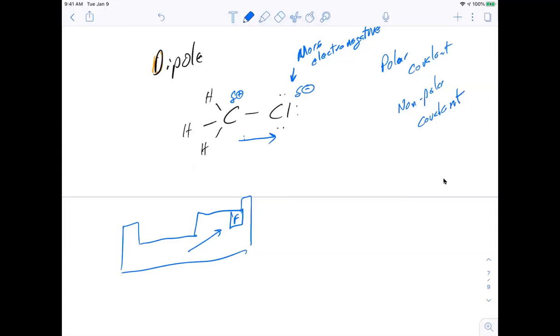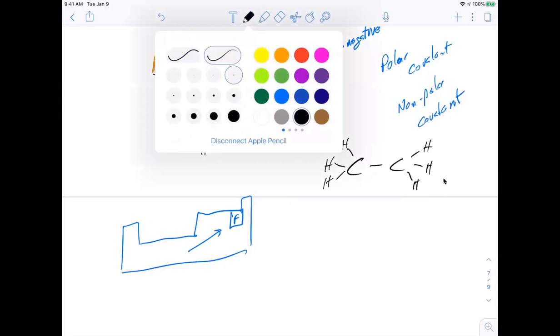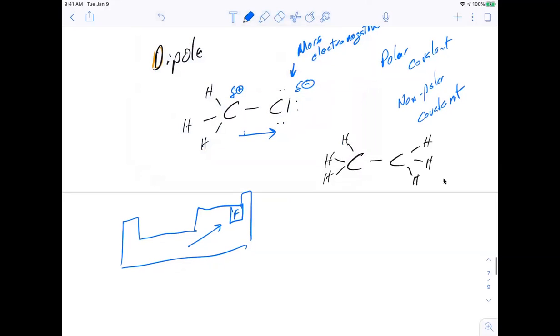If we look at ethane, here we get an equal sharing, right? So there is no electron density difference between the carbons, so we get electron sharing.